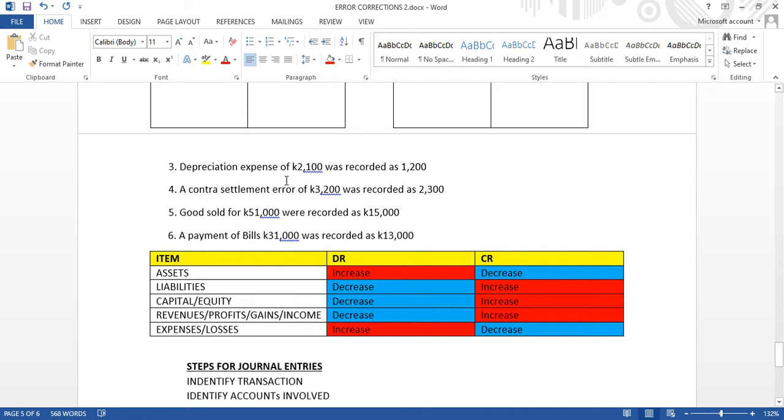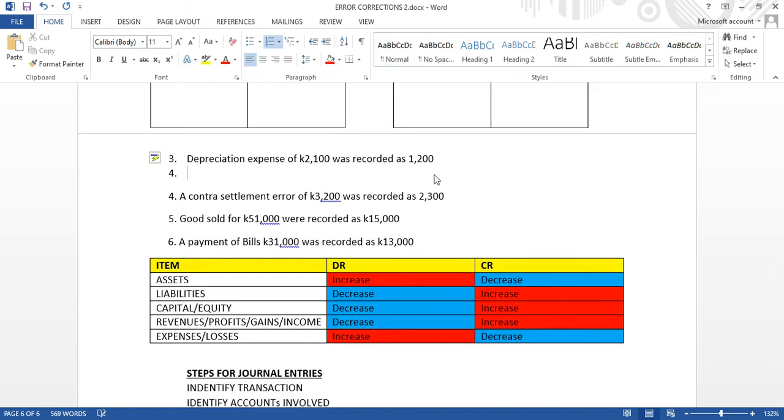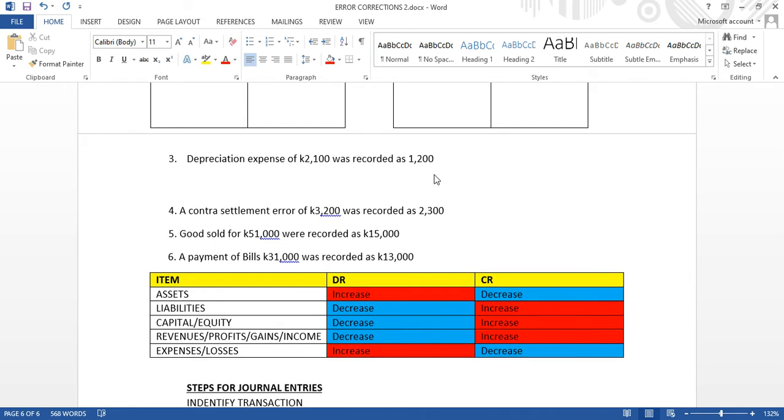Example 3: depreciation expense of 2,100 was recorded as 1,200. Depreciation is an expense. The journal entry for depreciation is you debit depreciation expense. Remember, expenses increase, you debit.